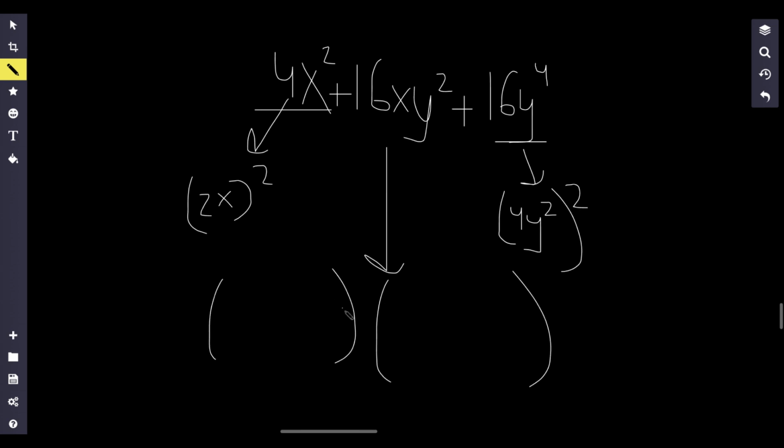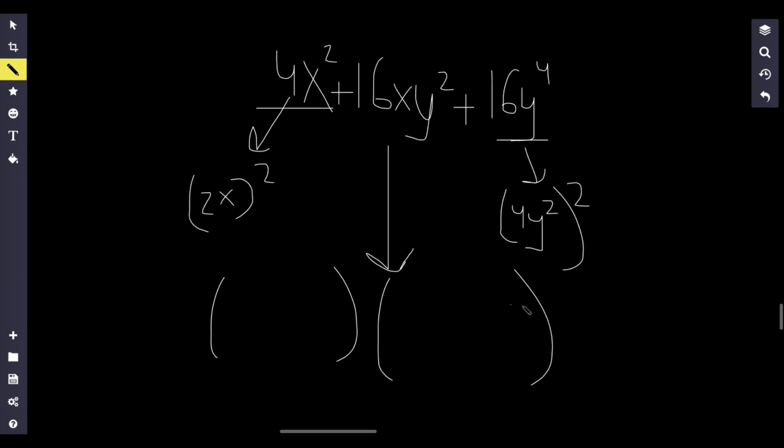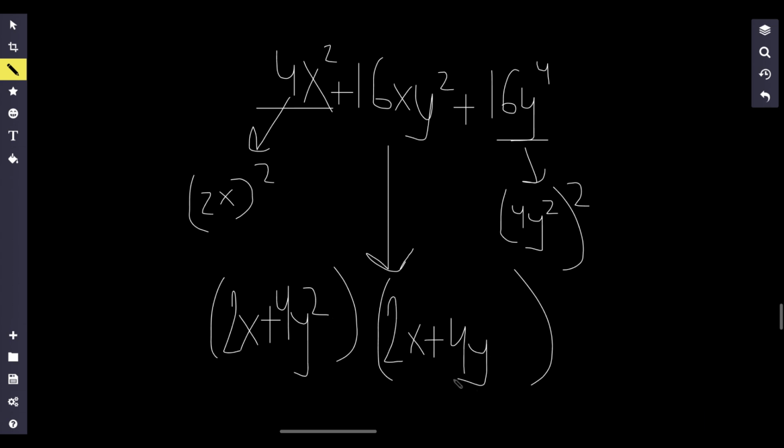One possible way it can be written is, the reason why I say one possible way is because doing this strategy doesn't guarantee that you can actually factor this. You still have to check your work once you've actually factored this. But basically, you're going to get 2x plus 4y squared, and then this is going to be multiplied by 2x plus 4y squared.